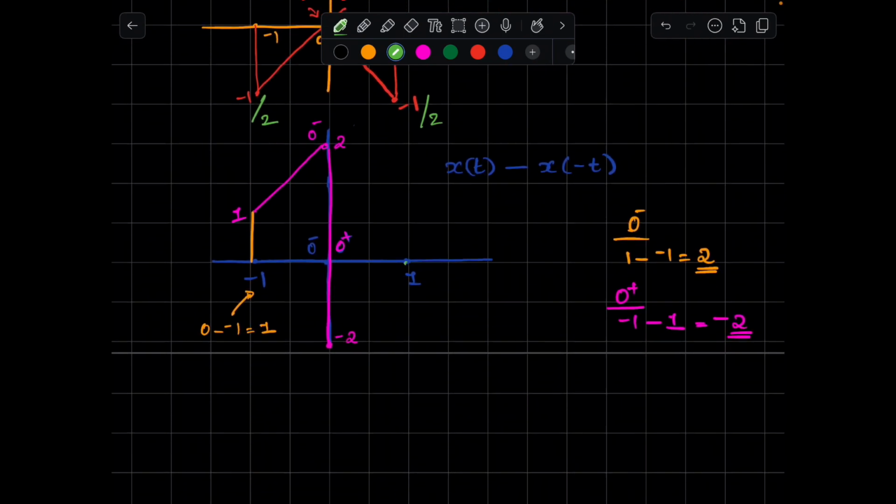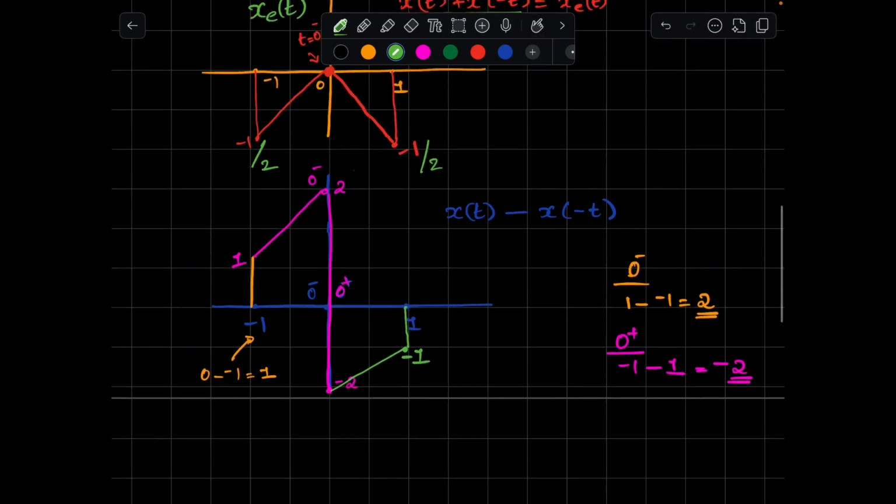So at 1, this is going to be minus 1. So this will be joined here, and this is suddenly jumping at this point. So this will be at minus 1.